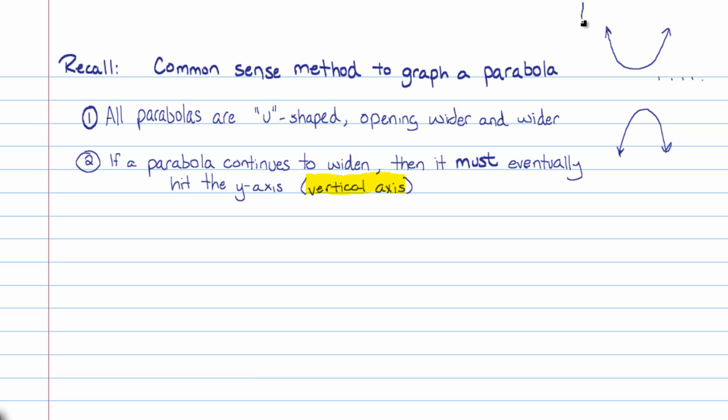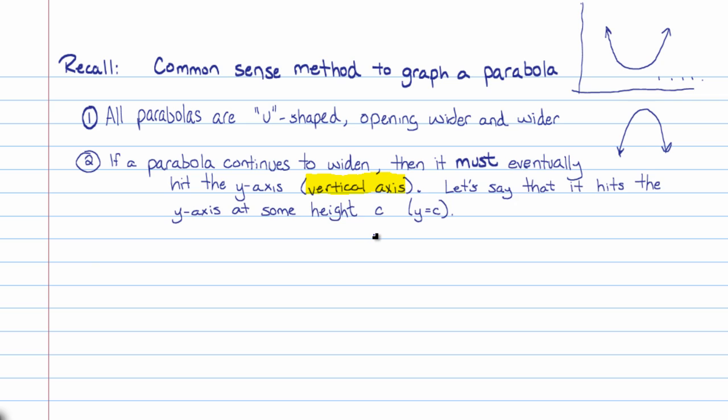Even if the y-axis is way over here, eventually this gets wide enough to hit it. In fact, let's say that it intersects the y-axis, or the vertical axis, at some height c. It could be at a height of 5, it could be at a height of negative 10, it could be at a height of 0. But at some point it hits the y-axis.